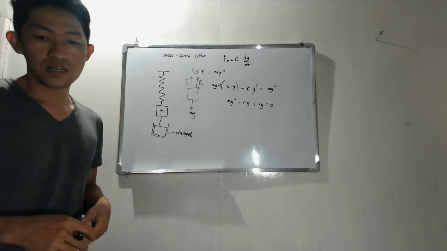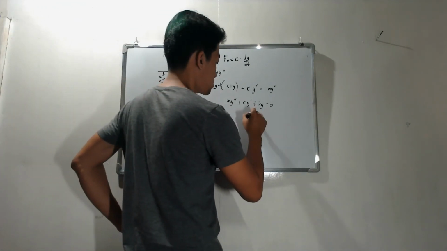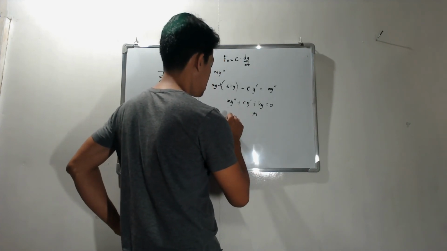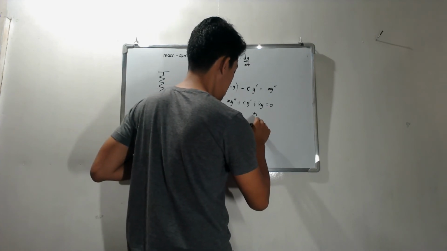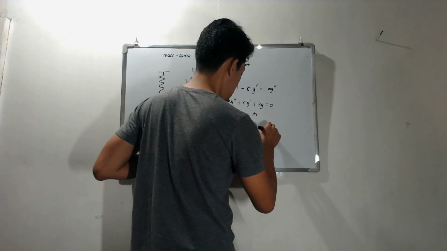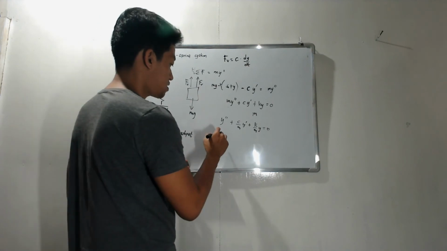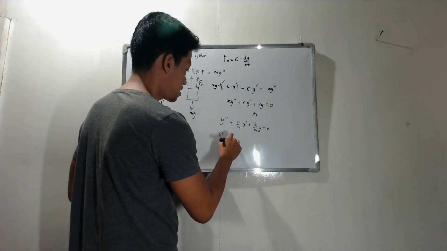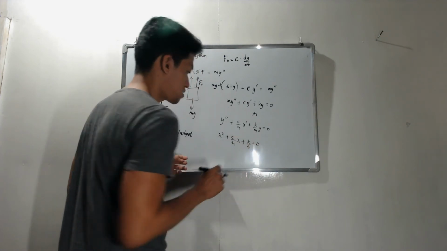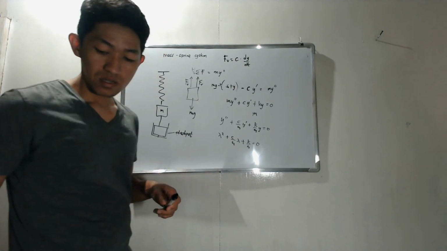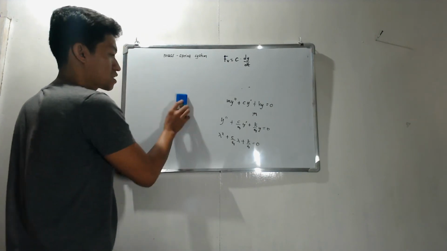Again, this is a second order linear ordinary differential equation. If we divide through by m, you have y double prime plus c over m y prime plus k over m y equal to 0. Now your characteristic equation will be lambda squared plus c over m lambda plus k over m equal to 0. How do you find the roots? You apply the quadratic equation.